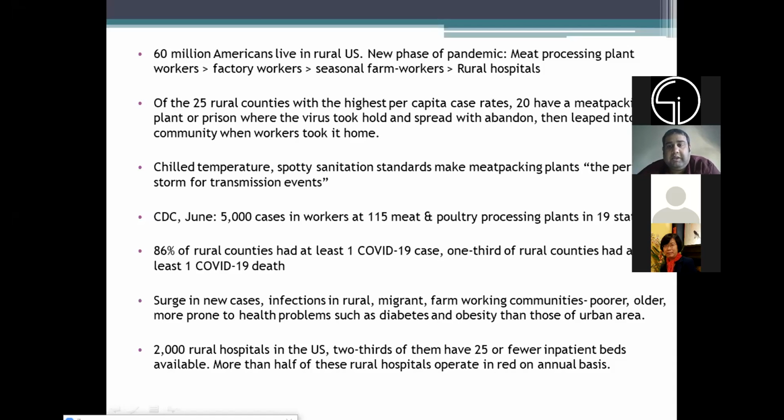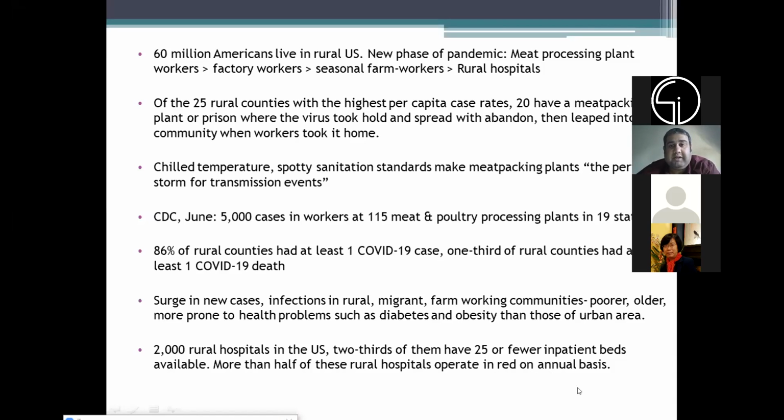Those people working in meat packing plants or the prisons, where the virus took hold and then spread, leaped into the community when the farm workers or factory workers went to their homes. The reason for that is that working in those meat packing plants, it's a low temperature, chill temperature. It's a good environment for the virus to spread.